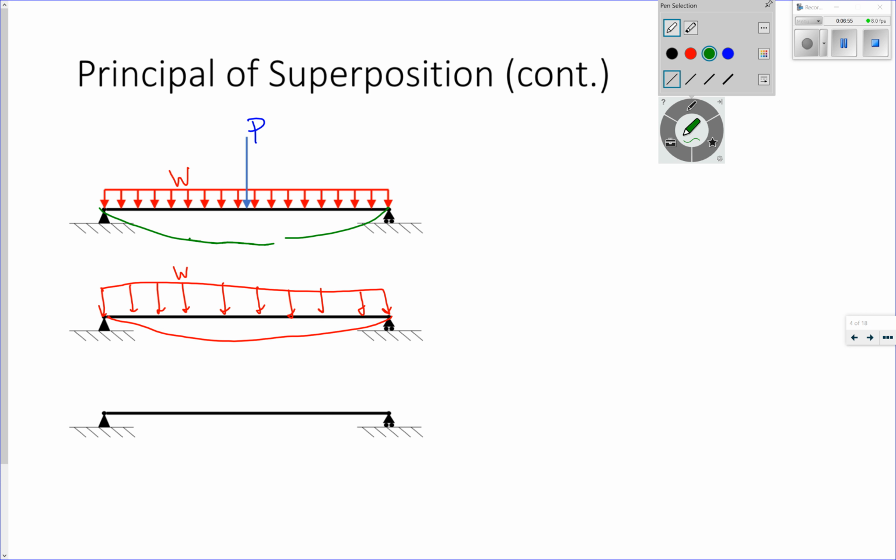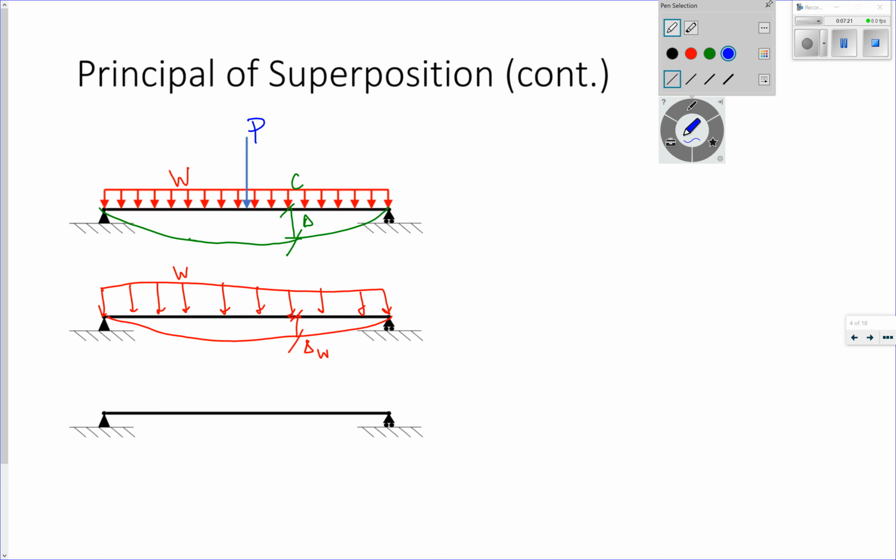All right, if I look at the displacement at some point C, then I look at the displacement at C due to the distributed load.